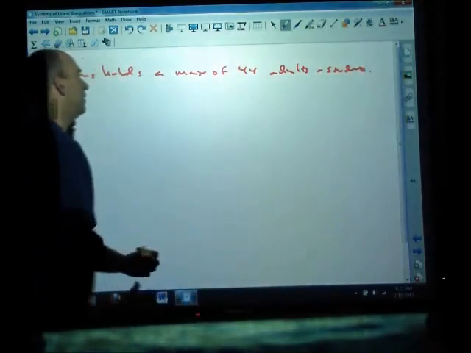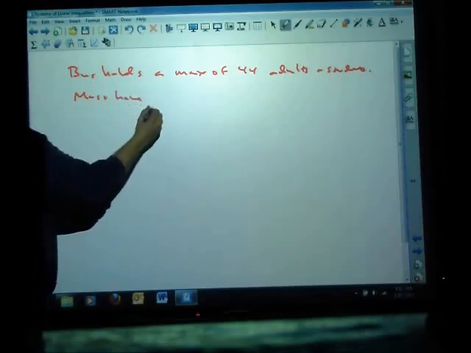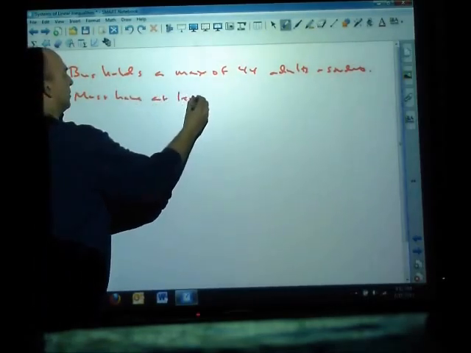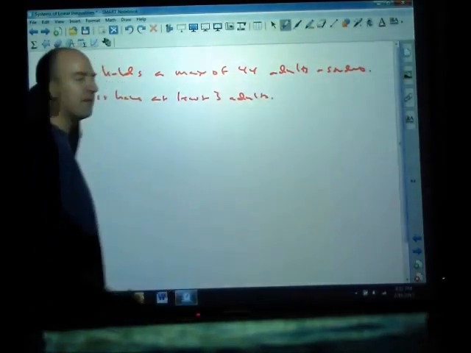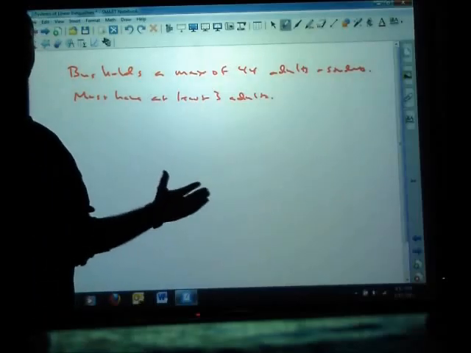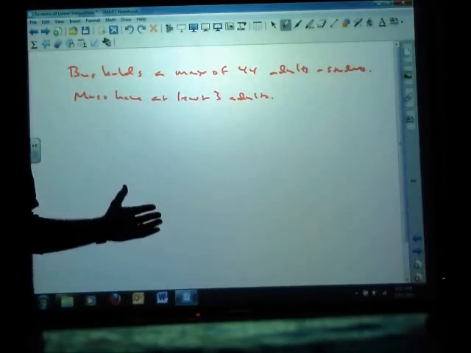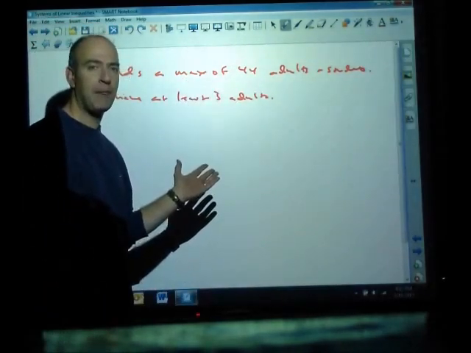Okay? We must have at least 3 adults. Okay? Somebody could say, well, could you graph out a set of points that would represent combinations of adults and students that would work for this scenario?